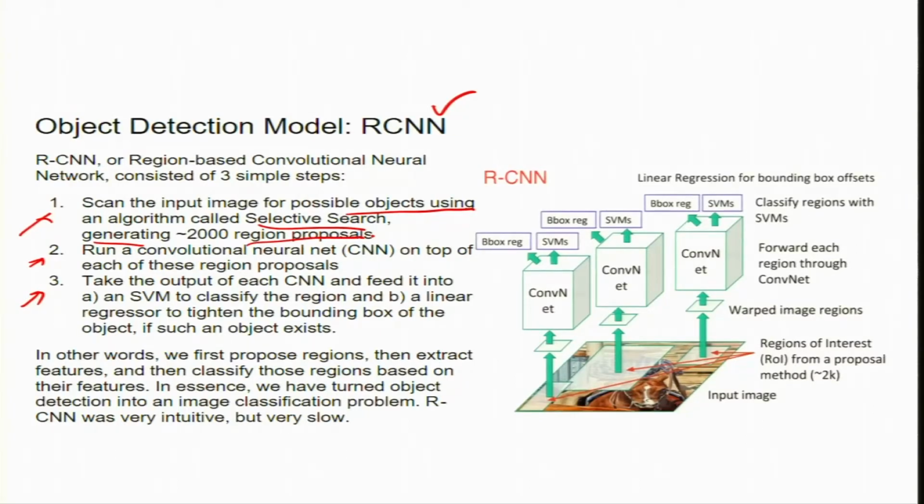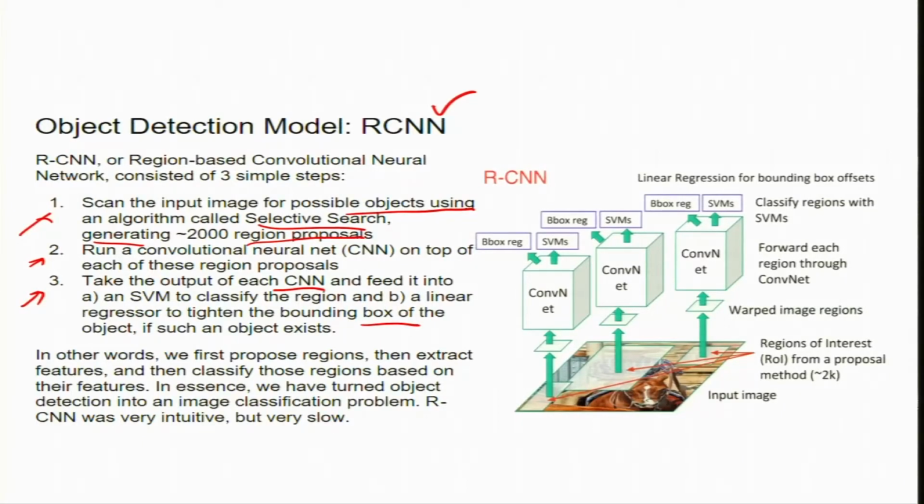Then it will run a convolutional neural network, CNN, on top of each of these regions of interest, and then take the output of each CNN and feed it into a support vector machine to classify the region, and/or a linear regressor to find the bounding box around that particular object if that object exists.